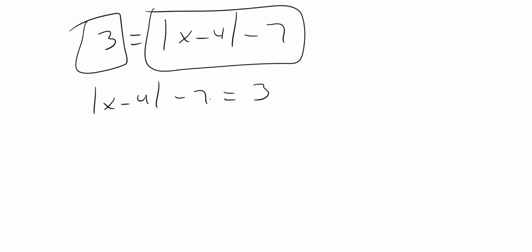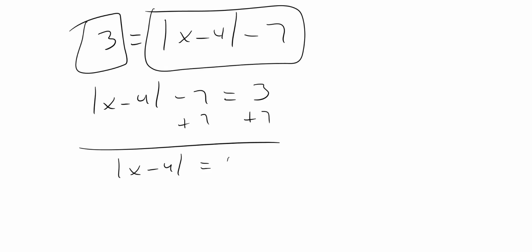Okay, and then you can see it. Well, I'm going to add 7 to both sides. So the absolute value of x minus 4 equals 10. And now the absolute value is isolated, so now I set that equal to negative 10 and positive 10. So x minus 4 equals 10. X minus 4 equals negative 10. So I add 4 to both sides.